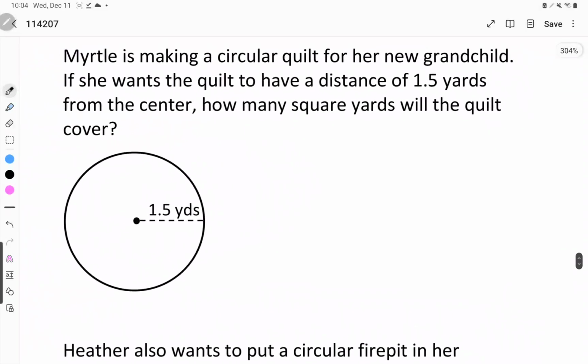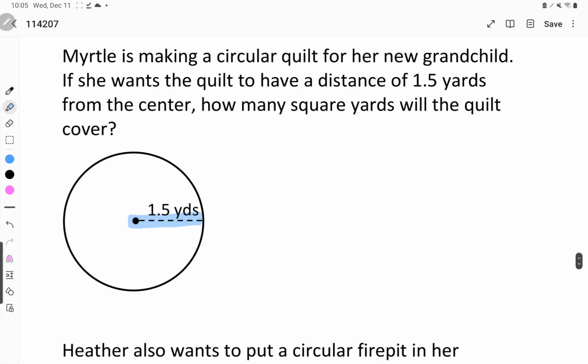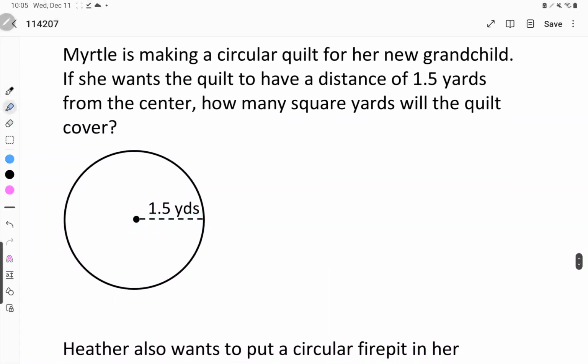For the next one, Myrtle is making a circular quilt for her new grandchild. If she wants the quilt to have a distance of 1.5 yards from the center, how many square yards will the quilt cover? So distance of 1.5 yards from the center sounds really confusing, but basically it just means this right here. From the center to the edge is 1.5 yards. So it's your radius.